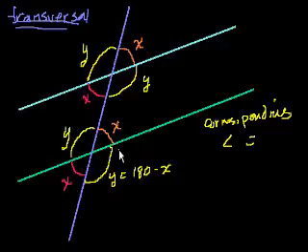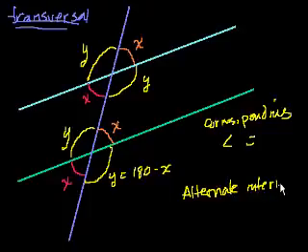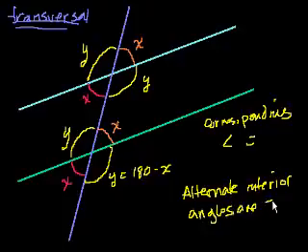But if you wanted to skip a step, you also know that alternate interior angles are equal. So what do I mean by alternate interior angles? Well, the interior angles are the angles that are closer to each other in the two parallel lines, but they're on opposite sides of the transversal.